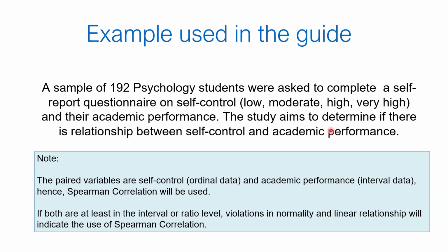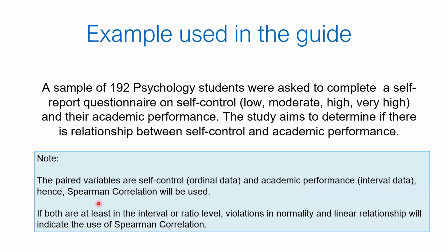The study aims to determine if there is a relationship between self-control and academic performance. Now take note, the paired variables that we have here are self-control that is categorized as low, moderate, high, very high, which will be in the ordinal level. So this is our ordinal data. The second variable is academic performance, which is an interval data.